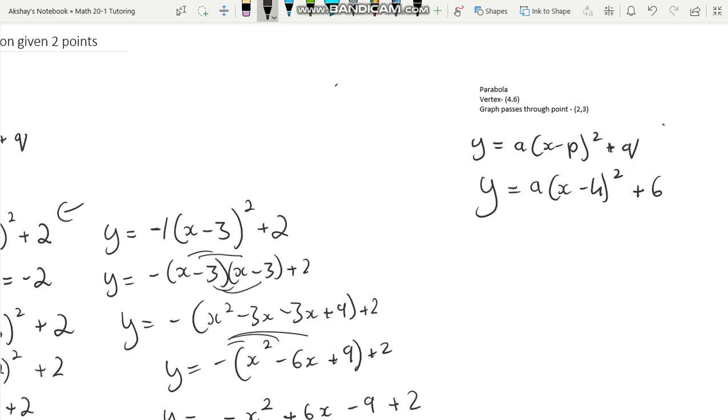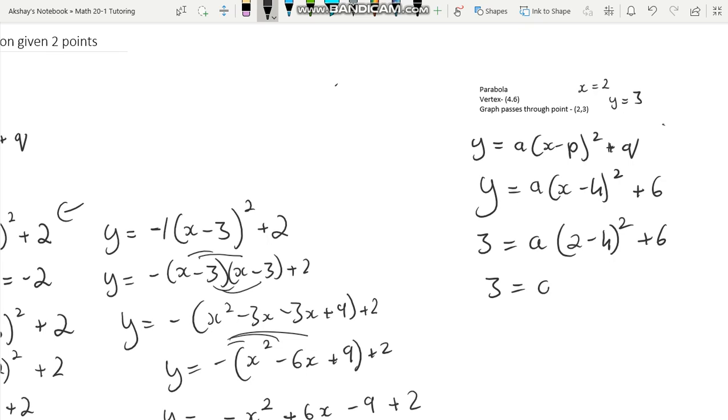Now, if I wanted to find my a, I have my point, where my x value is equal to 2 and my y value is equal to 3, and I would substitute those values into my function here. So I have 3 is equal to a times (2 minus 4) squared plus 6.